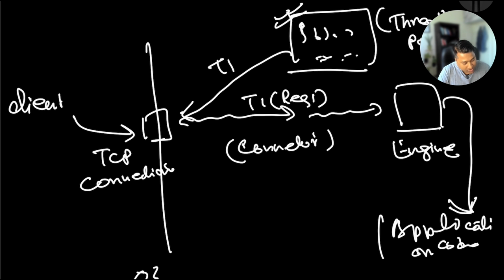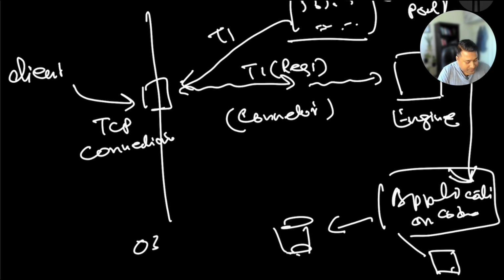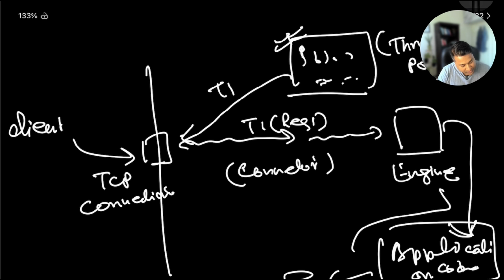It will take it to your application code, and from here, if you are talking to a database or to some other service, then all those things will happen. So your request is flowing here.